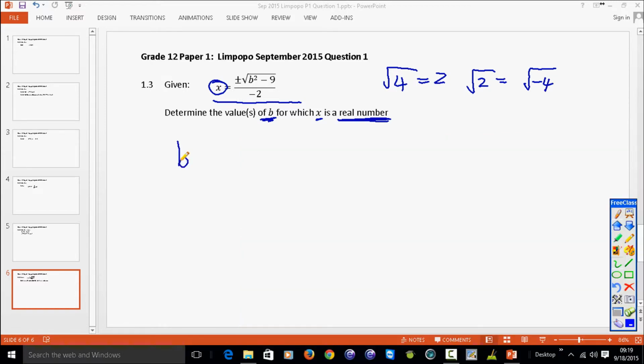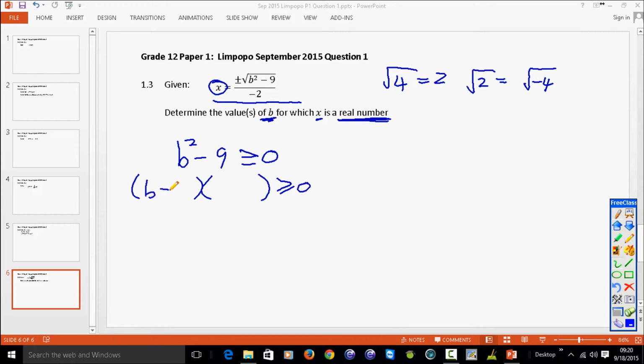So b squared minus 9, that's inside the square root, is greater than 0, but it can also be equal to 0, because the square root of 0 is 0, which is also a real number. Now, it's a quadratic inequality, which means you must find the critical values, so therefore you must factorize.